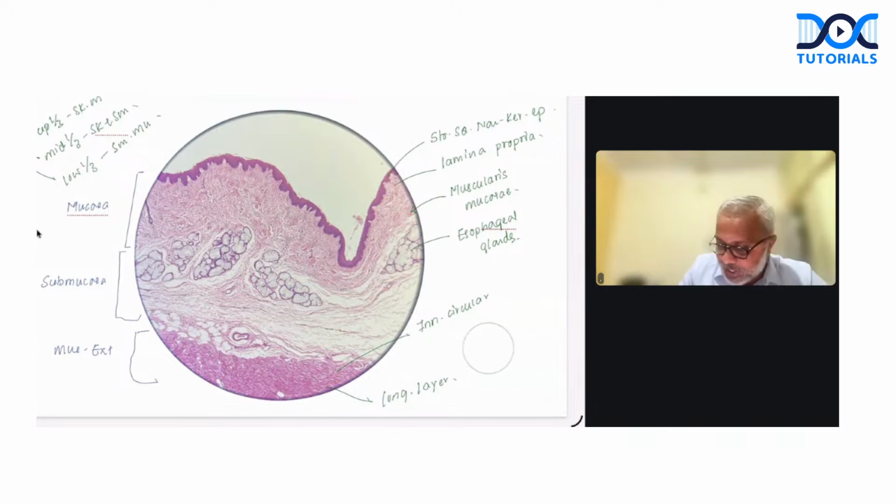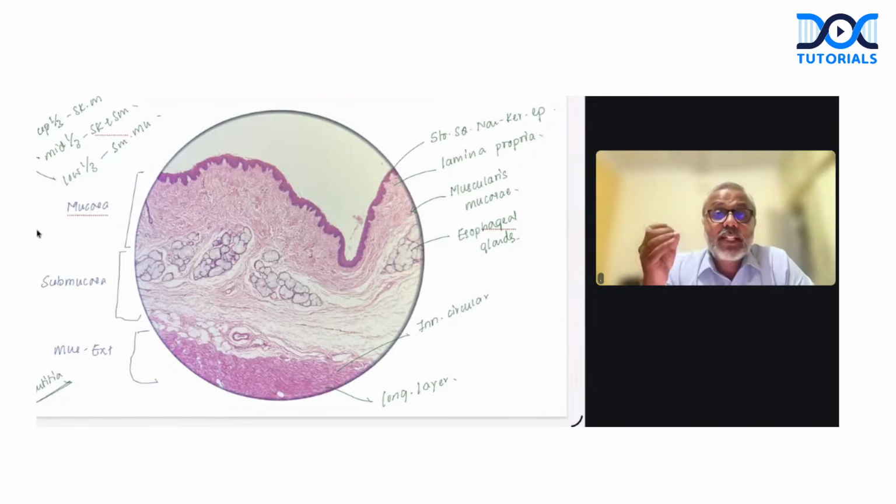Last layer is what we call as the adventitia. Now, what do we mean by the term adventitia? Adventitia is again connective tissue which contains larger blood vessels, nerves, and lymphatics. Right? This is what we refer to as adventitia. How is this different from serosa?